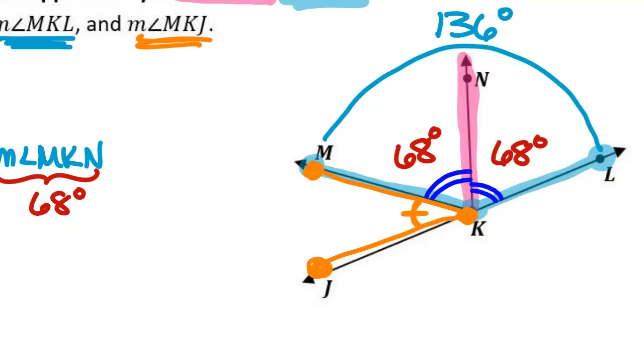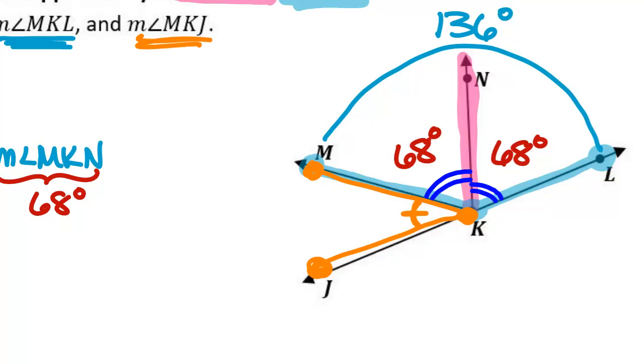Do you guys remember what we call angles that share a side? Starts with an A. Adjacent. They're adjacent angles. The sides that they don't share, this one right here and JK, together they form this straight line, JL. What do we call adjacent angles that together make a straight line?